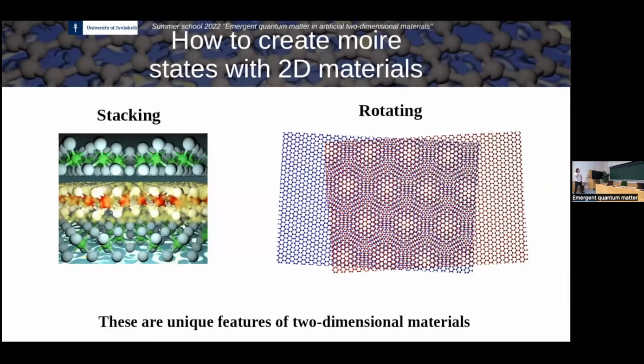All right, so first of all, let us remind ourselves how we can create Moiré states in twisted van der Waals materials. I think that this is maybe one of the most unique features that we have in two-dimensional materials.